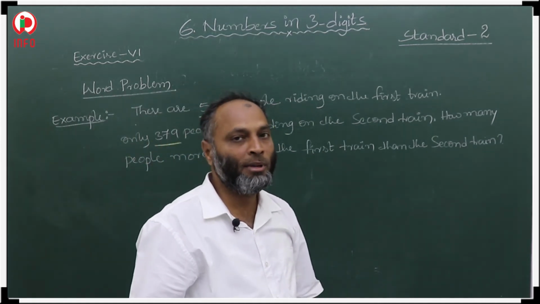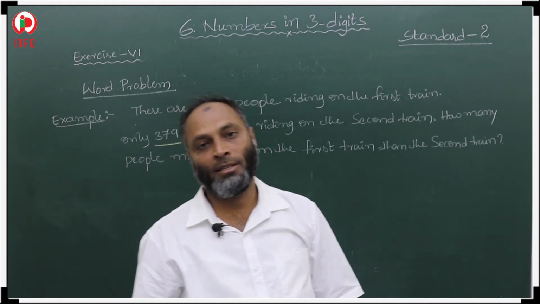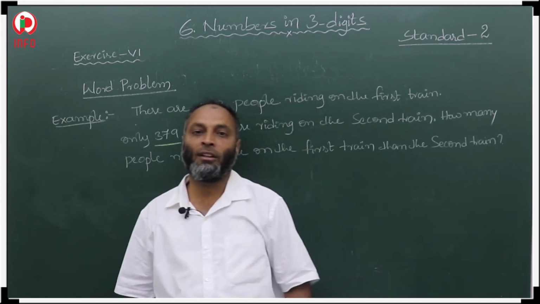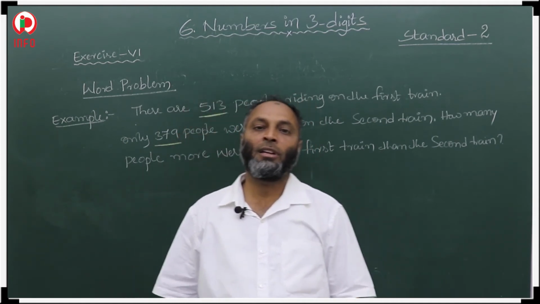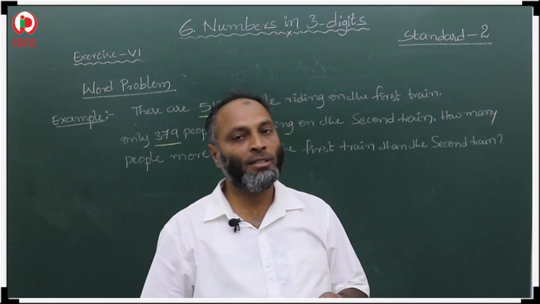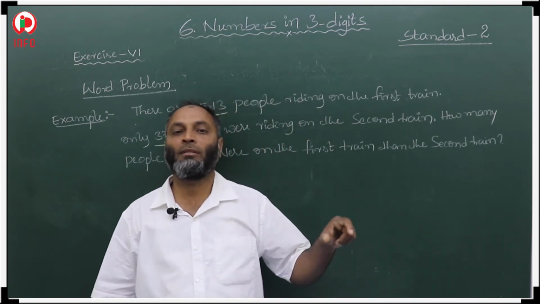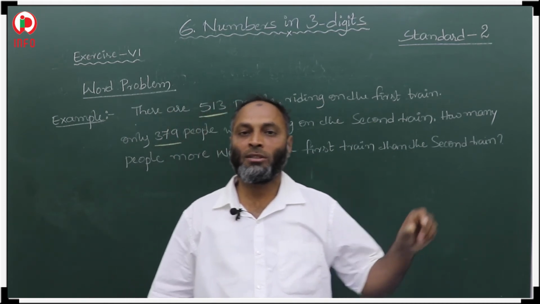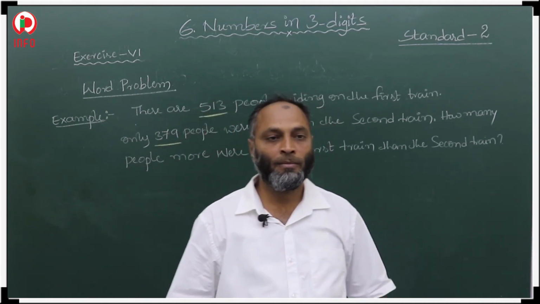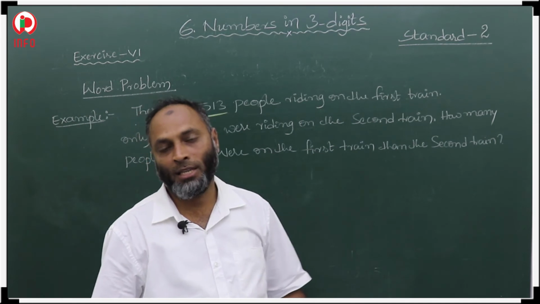How many more means we have to make minus. We have to find the difference. Whatever the difference is, that difference shows how many more people were there in the first train.